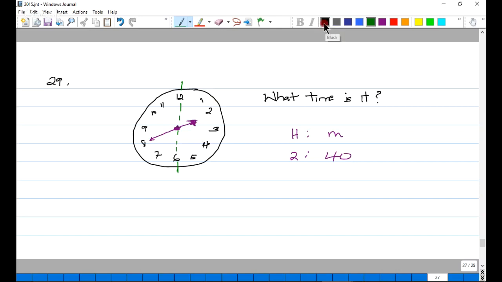So we have 5 minutes past, 10 minutes past, 15 minutes past, 20 minutes past, 25 minutes past, and then we have half past.